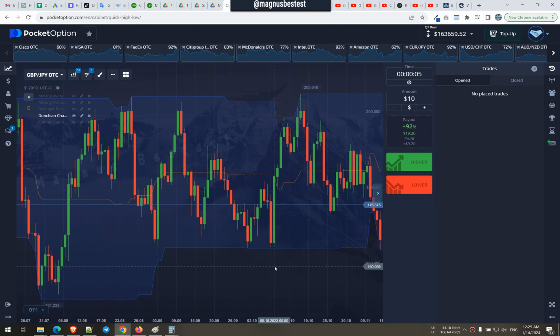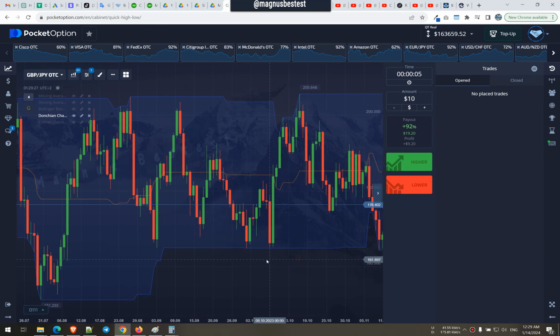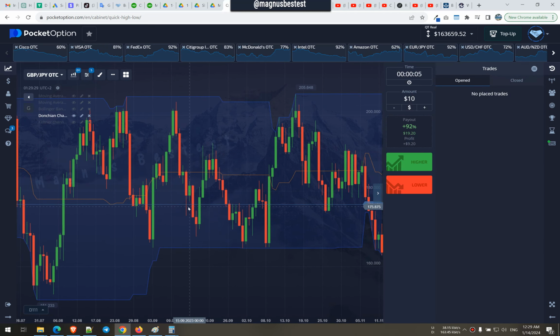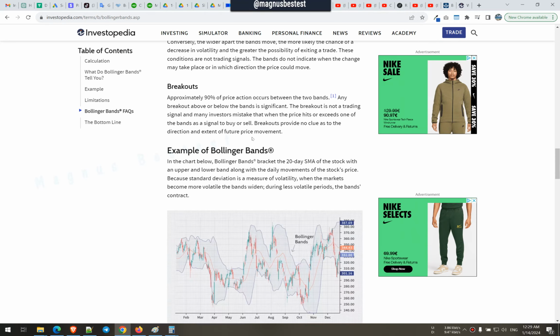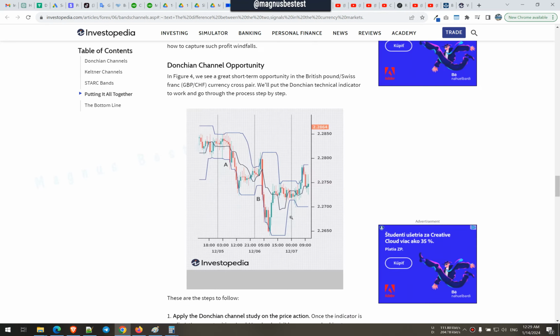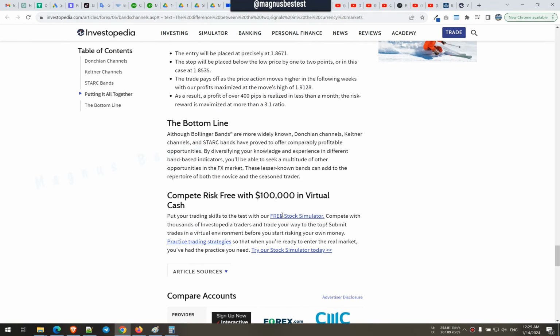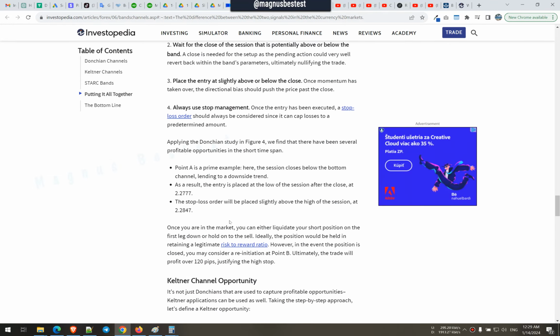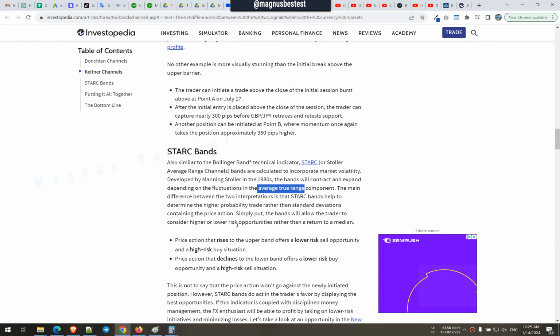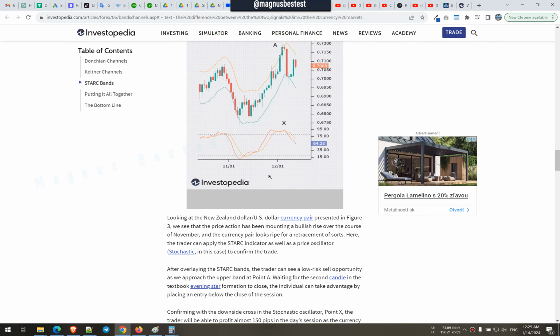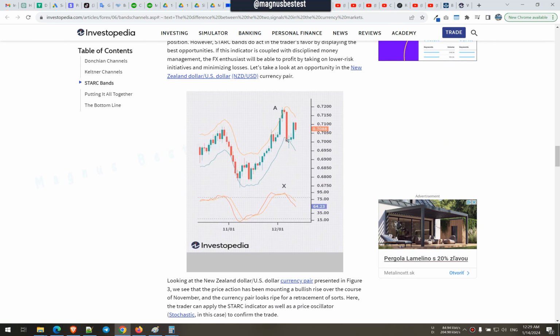So the indicator, and of course I know what you are saying now, a combination of other indicators may be a solution for the lack of qualities of one indicator. Still, you can combine it as here, for example. They recommend combining the STARC Bands indicator with stochastics, like here, and here it looks nice.